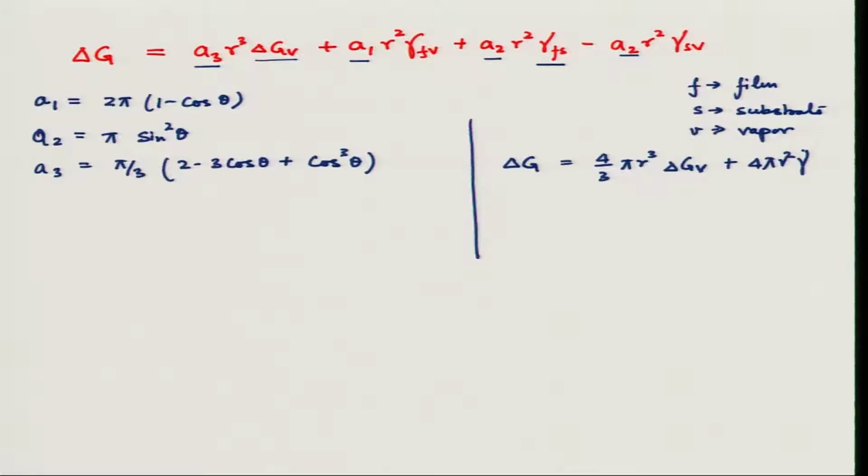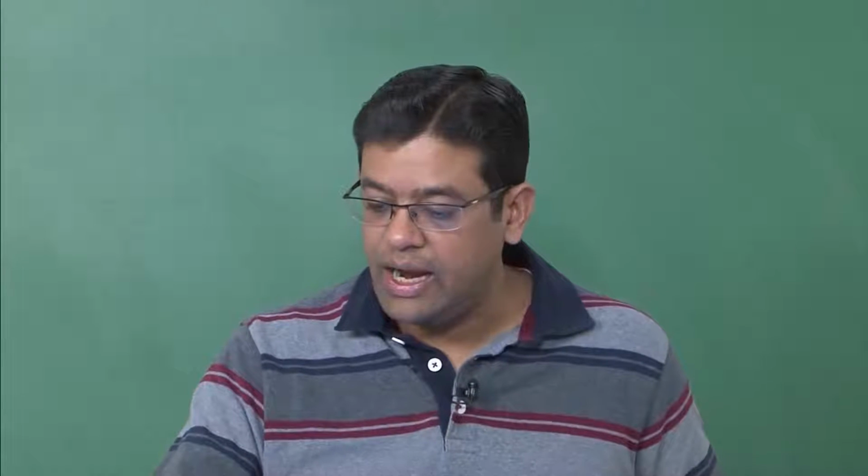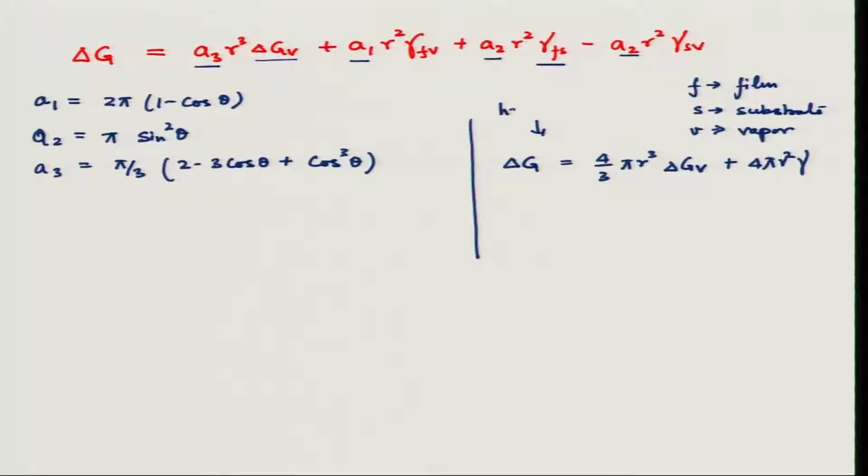So, these two are very similar. It is just that one is for a nucleus which forms an angle theta, heterogeneous nucleation, and this is for homogeneous nucleation, in a supersaturated solution or supersaturated vapor phase.